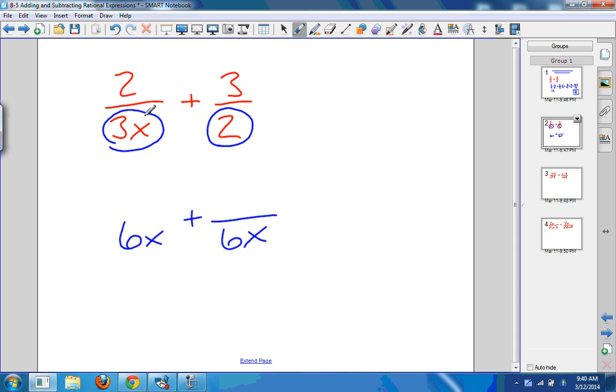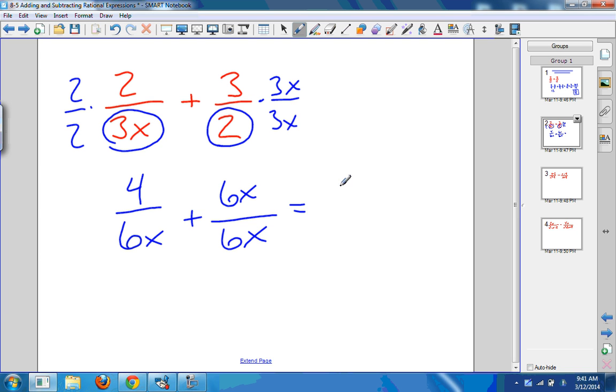So to make this denominator 6x, hopefully you see that we just need to multiply it by 2. So I multiply that by 2 over 2. And over here, I need to multiply it by 3x over 3x. So 2 times 2 is 4. 3 times 3x is 6x.